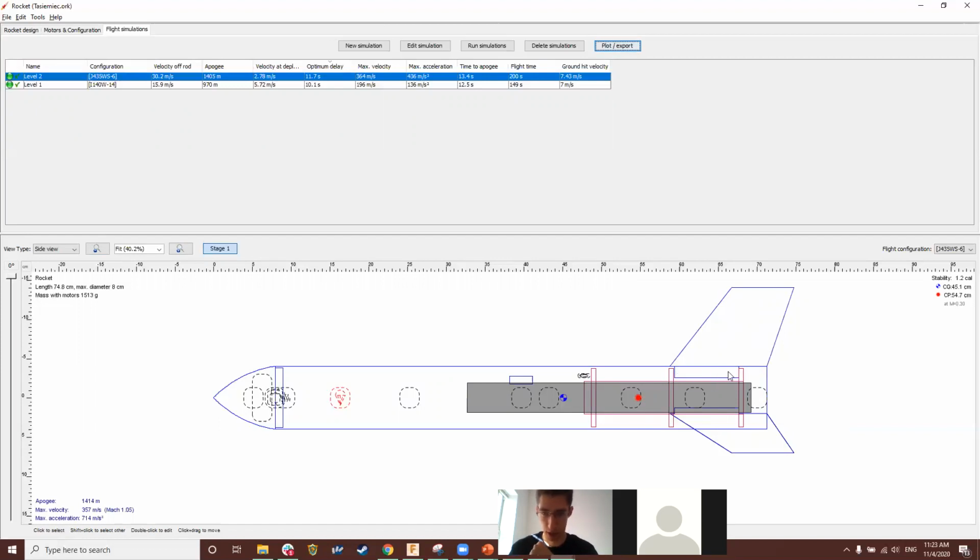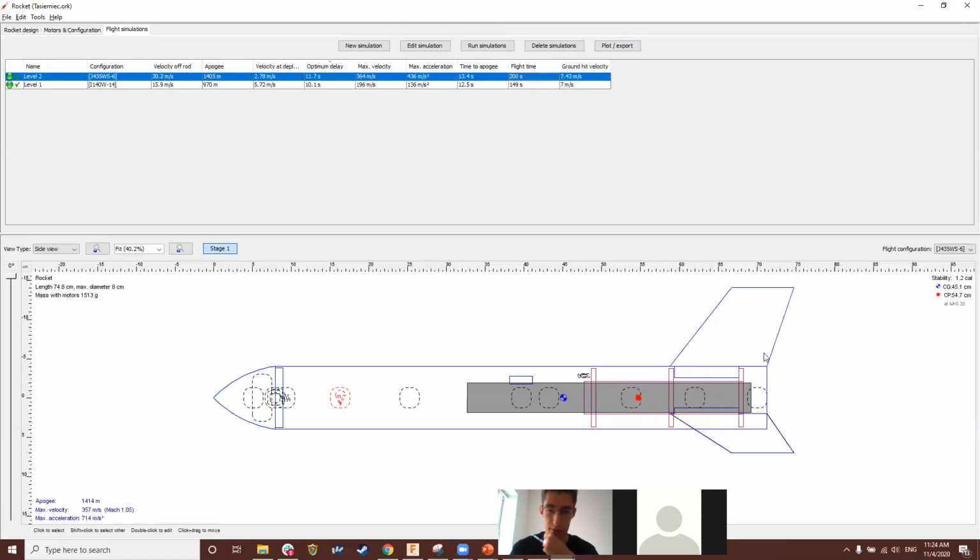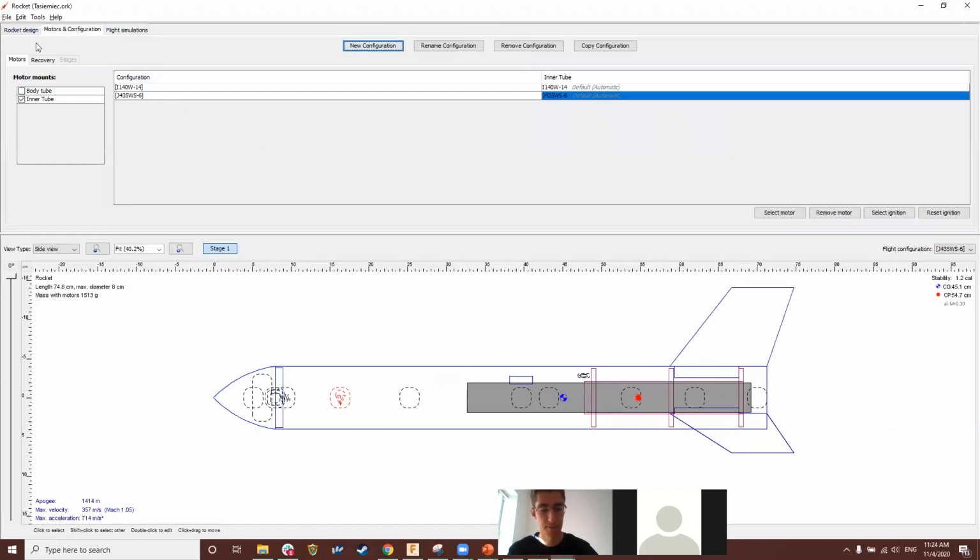If you put a lot of epoxy on it, this is going to be very solid. There's no chance that your fins are going to fly off. And for supersonic flight, as I had with my level 2, it's important to have your fins solid because they may just fly away.